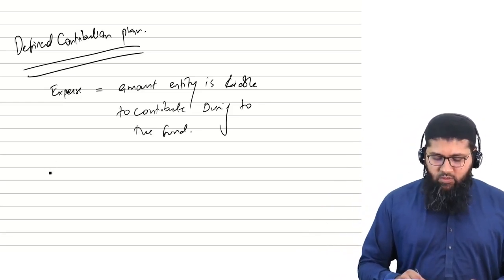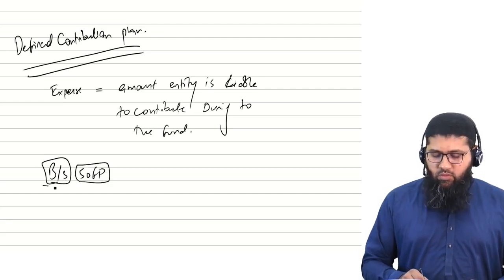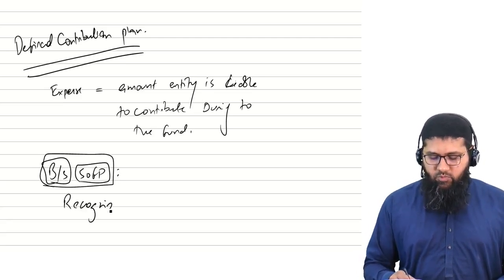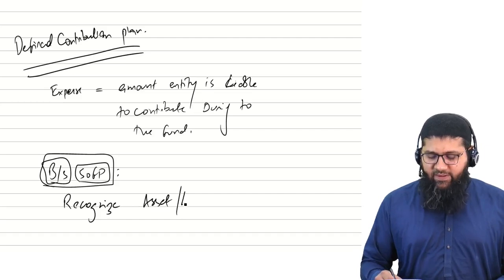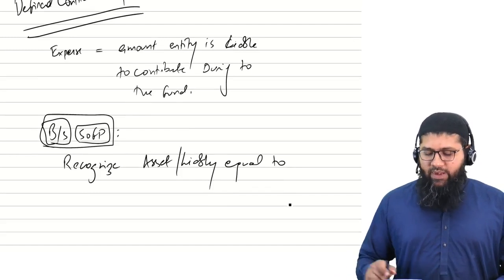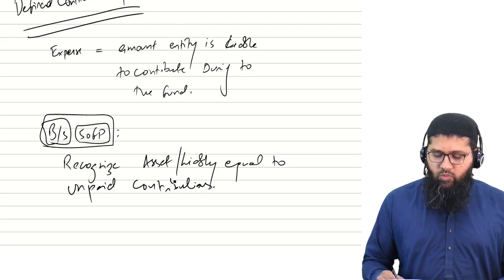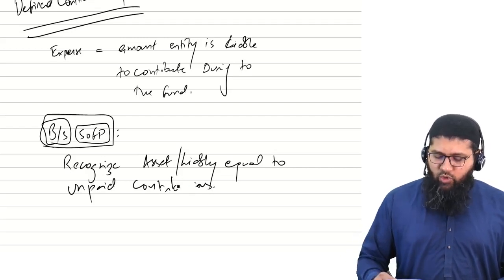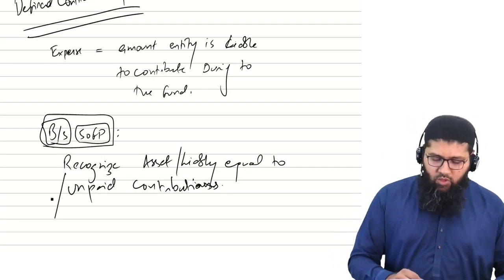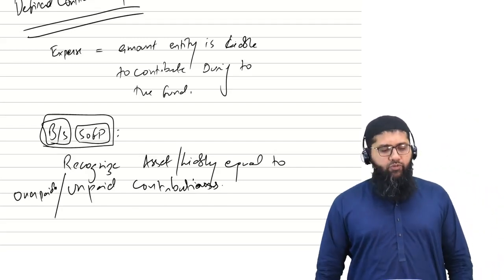I'll explain how. In the balance sheet, or the SOFP, you need to recognize an asset or a liability equal to overpaid or unpaid contributions.